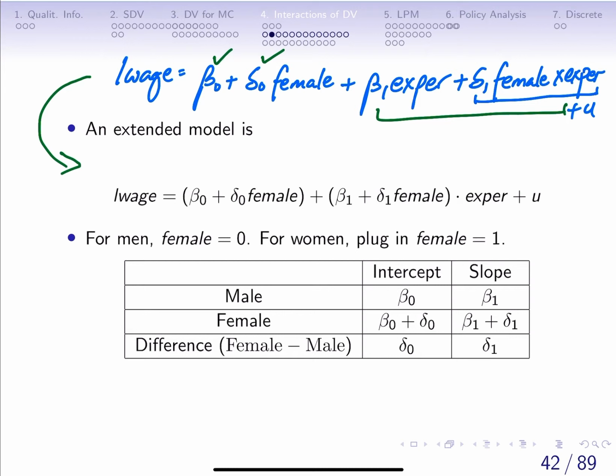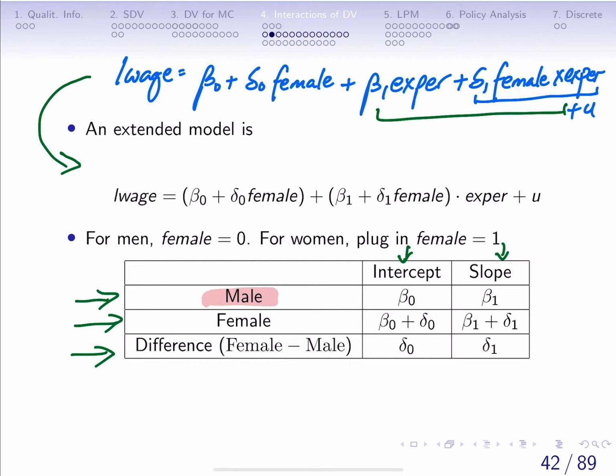This makes it easier to understand what's going on with males, what's going on with females, and what's the difference between females and males when it comes to intercept and slope. This is just based on putting in the right zeros and ones.